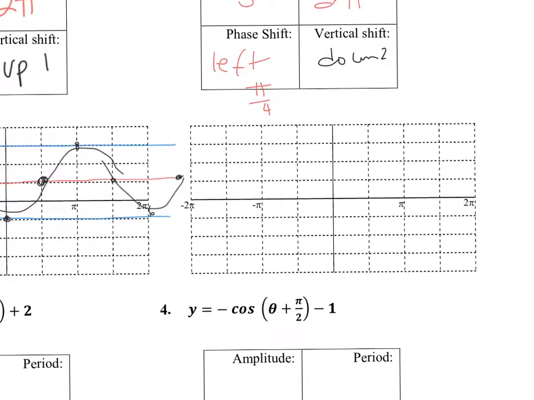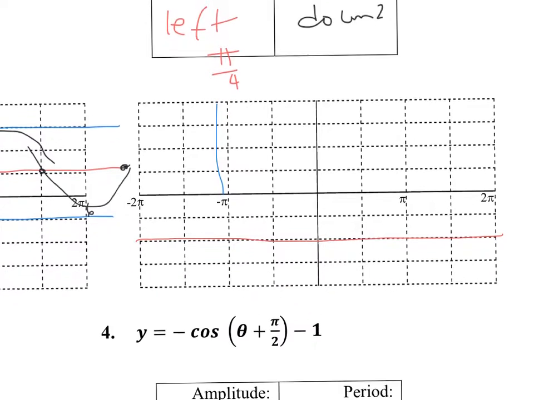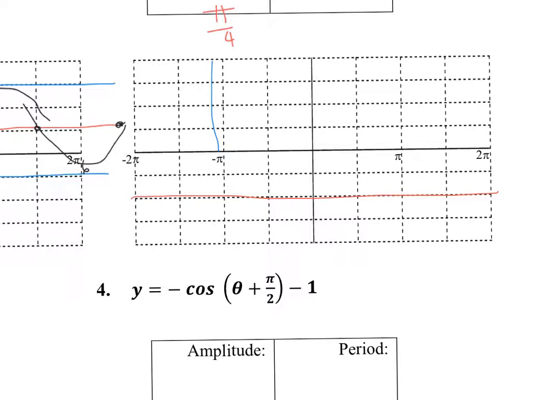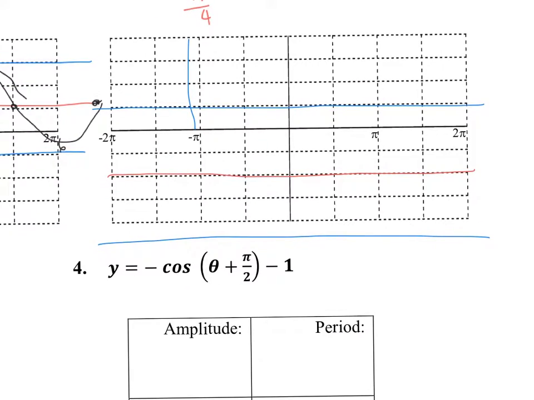So I'm going to go down 2, make my red line, and then my blue is going to be where it's going to oscillate, so it's going to be up 3 from the red line, down 3 from the red line, and I'm going to start at left pi over 4.